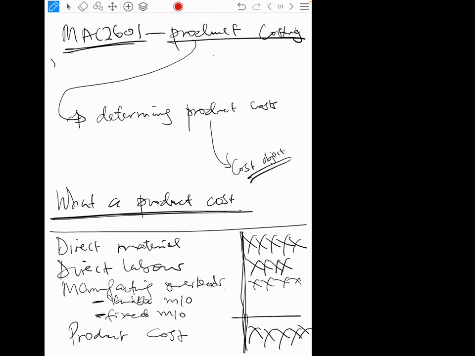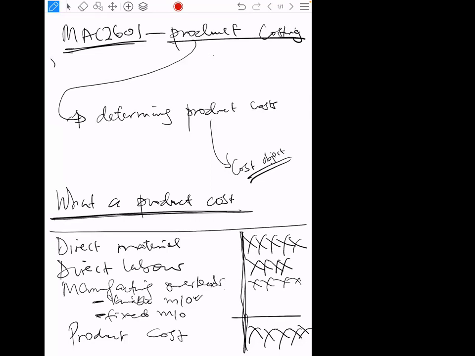Okay, I've given you the product cost. Right. So these are the costs now. Now, variable manufacturing overheads. These ones vary with the number of units produced.